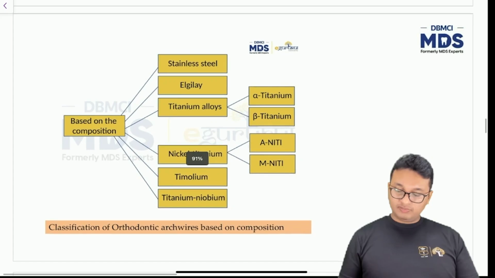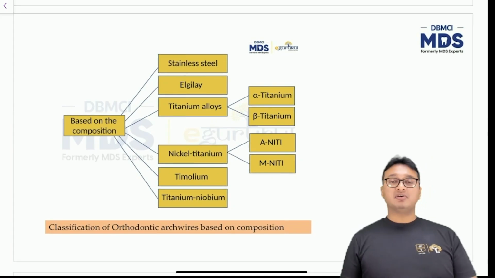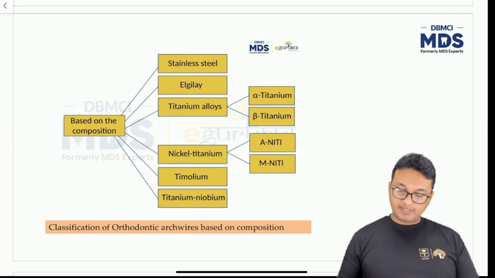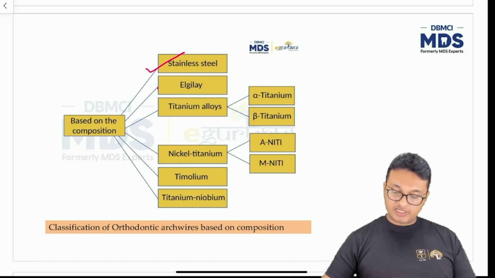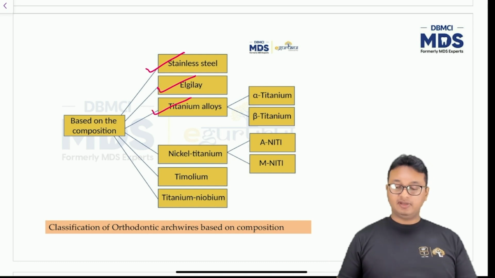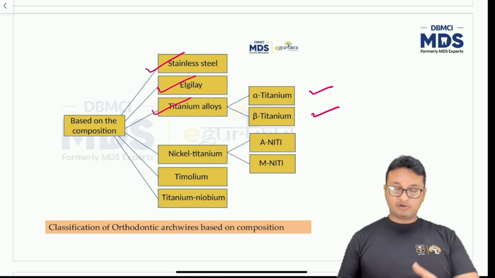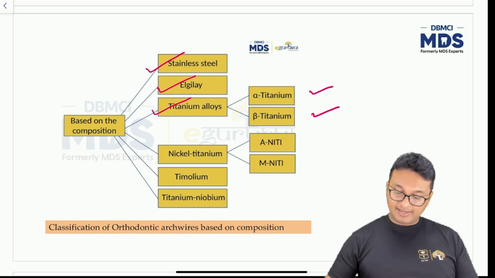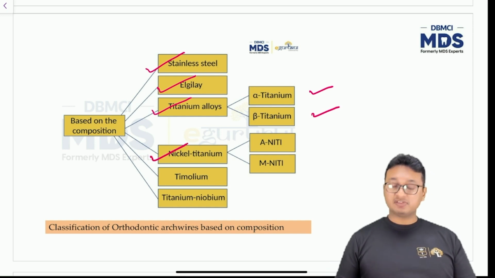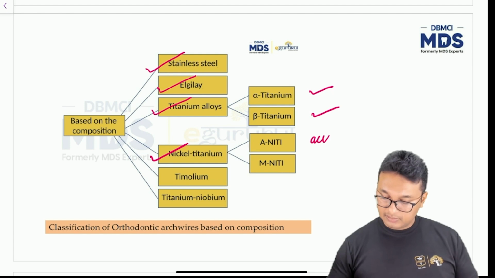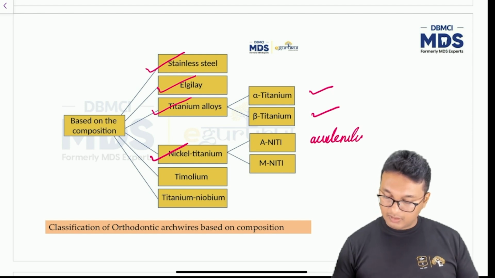Now this figure shows the classification of orthodontic arch wires based on their composition. So we have stainless steel wires, alloy wires, and titanium alloys. In titanium alloys, again we have alpha titanium and beta titanium. I'll be talking about them later. In nickel titanium, we have austenitic nitinol and martensitic nitinol.